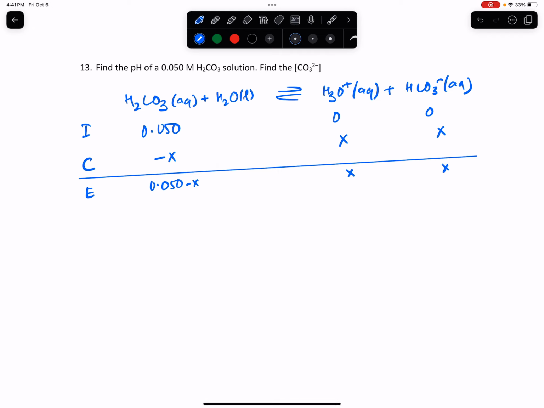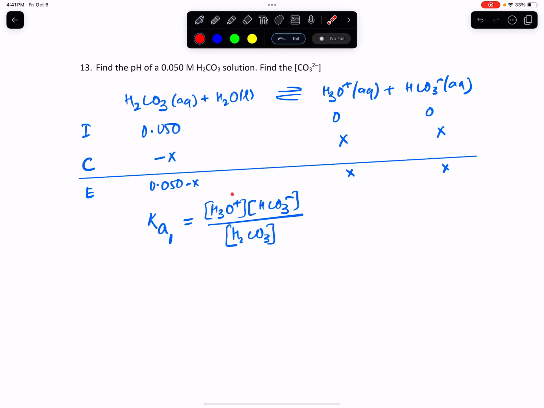All right, so once we have that, then Ka1, notice carefully, we put a 1 out here. That means it's the first ionization, which means only one proton is coming off. So you have one proton still left. That is equal to H3O plus times HCO3 minus over H2CO3. And we know that this is x, and that is 0.050 minus x.